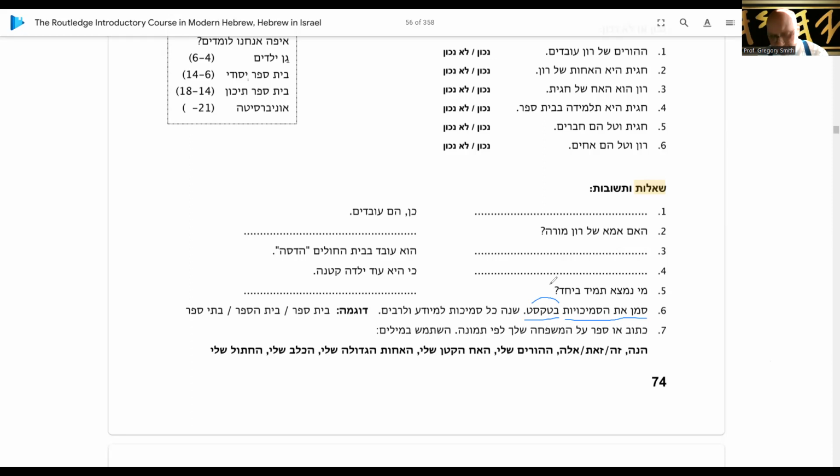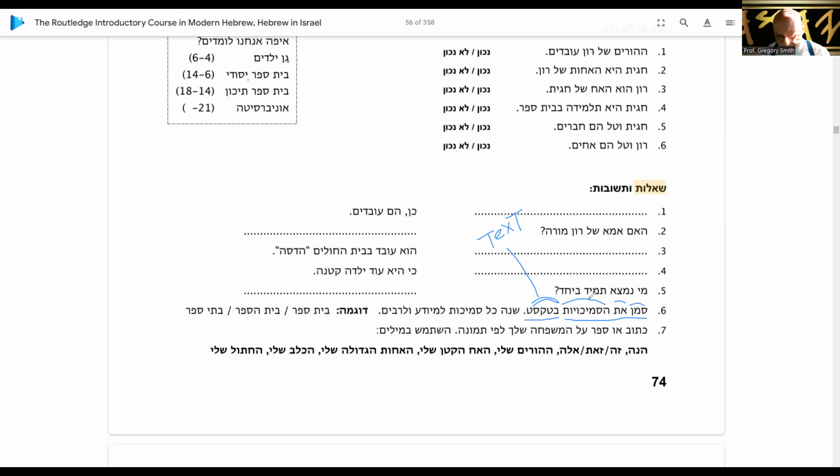That's a tough one. Let's see here. Use a tet. Okay, mark the credentials in the text. But text. Okay, that's a transliteration of the English word text. In the text. Okay, so saman et hasmikhiyot.